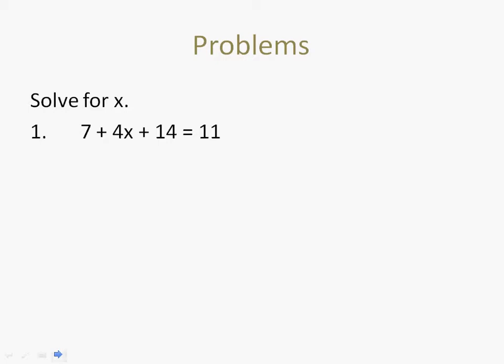I'm going to do a little PowerPoint magic and do the same thing. The key is when you have stuff you have to simplify, you've got to ignore the other side of the equation and just work on the simplification of one side first, and then you'll get it back to a really simple equation.